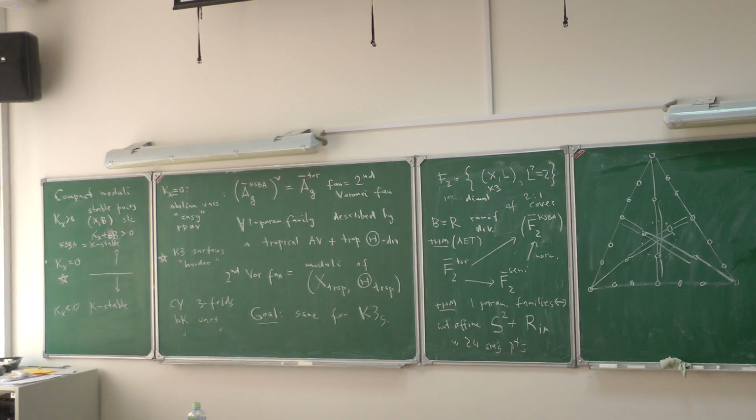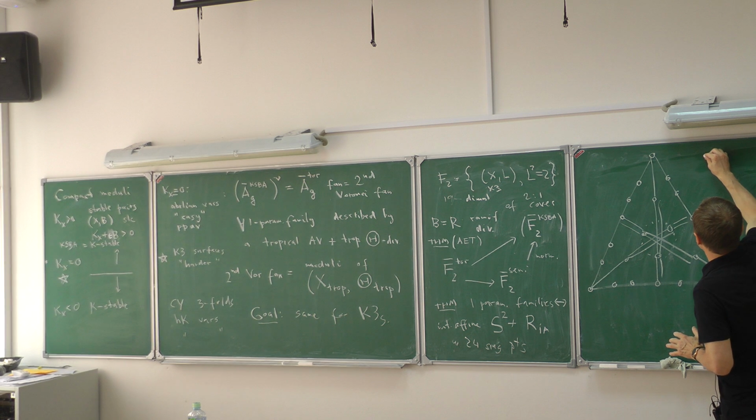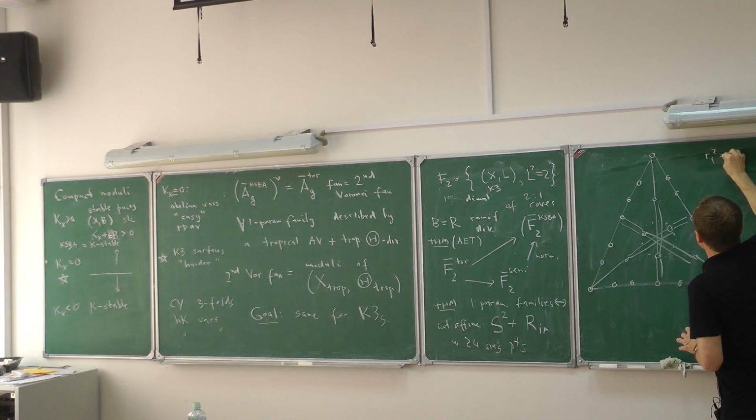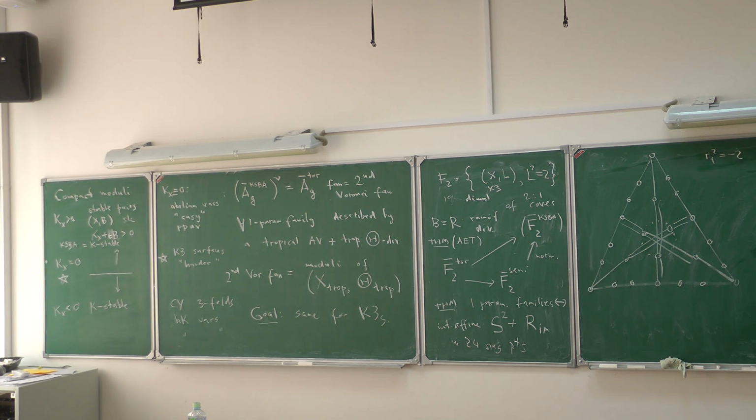So these vectors, all of them, are -2 vectors. They are roots. They span this lattice. It has rank 19. Let me tell you explicitly what this lattice is.